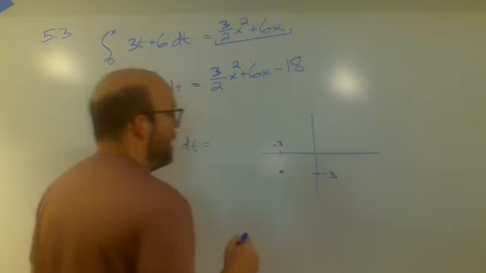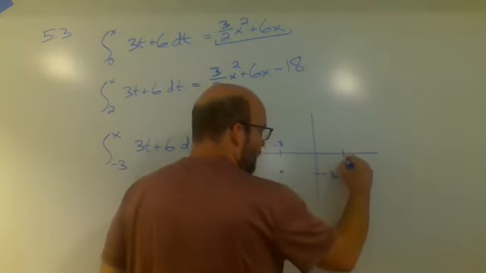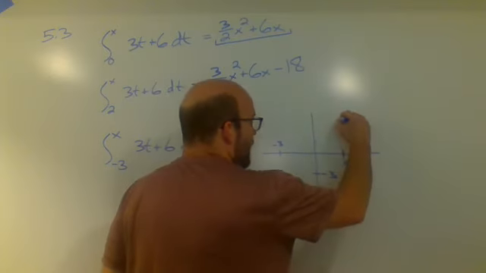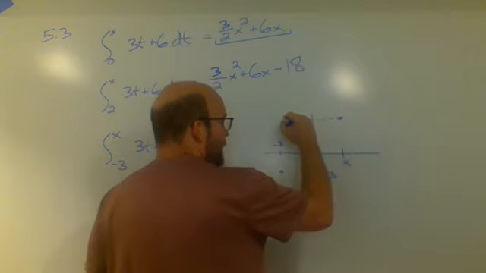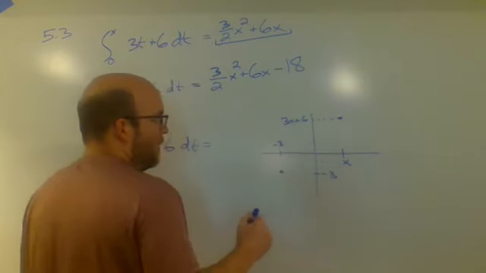Okay. And again, just to stay consistent, let's just assume that x is nice and positive. We didn't have to make it positive, but let's say that x is over here somewhere. And once again, that point, we're going to get by plugging in x, it's going to be a 3x plus 6.